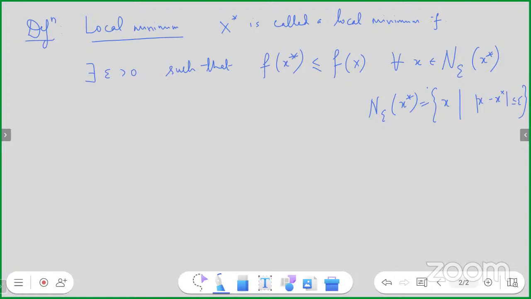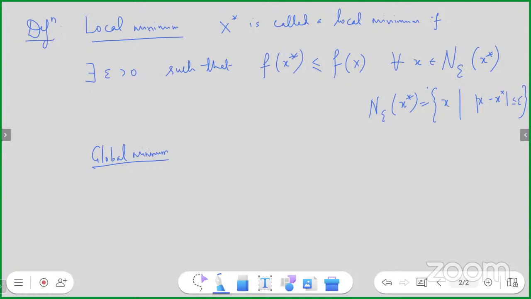So what would I define as a global minimum? Now from local we can go to global. Here I'm not differentiating between unconstrained and constrained. The same thing holds if I restrict to all x belonging to capital X, where X is the constraint set.